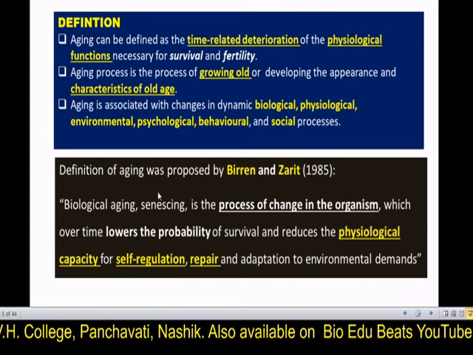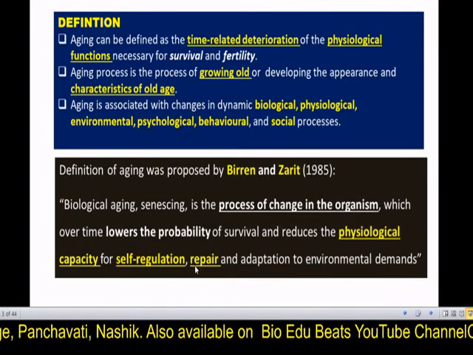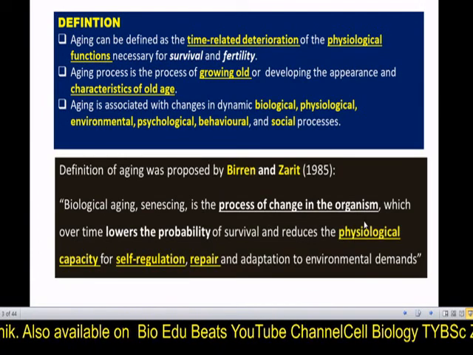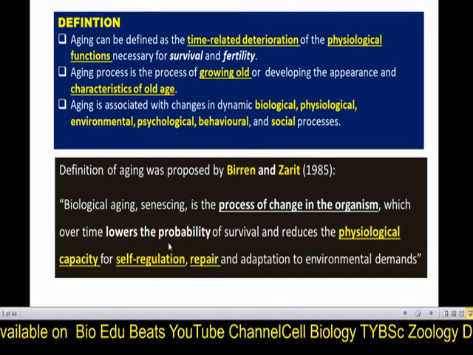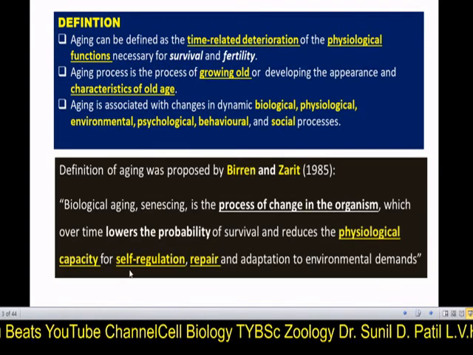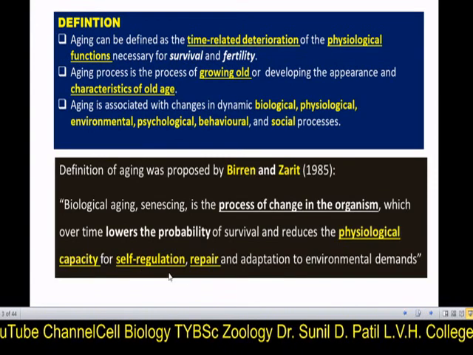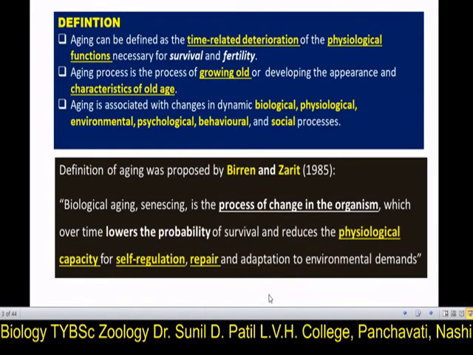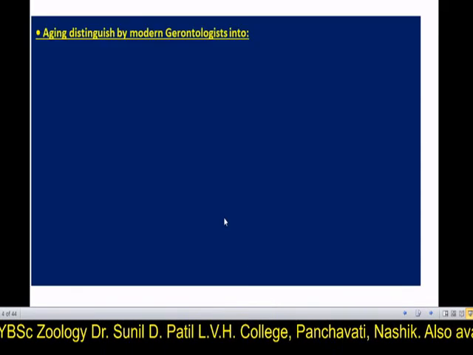So it is the scientific definition of aging or biological aging. So this is the definition.